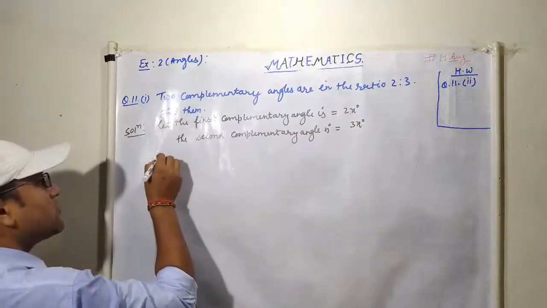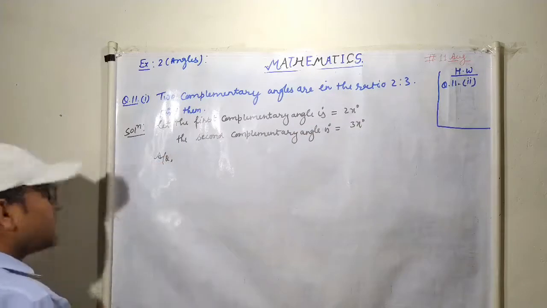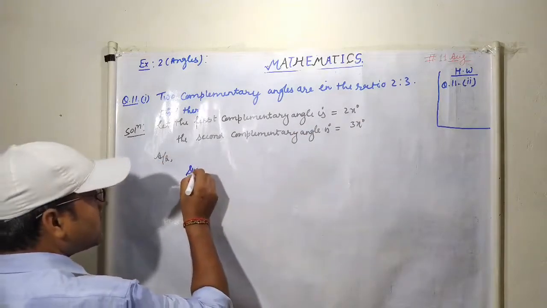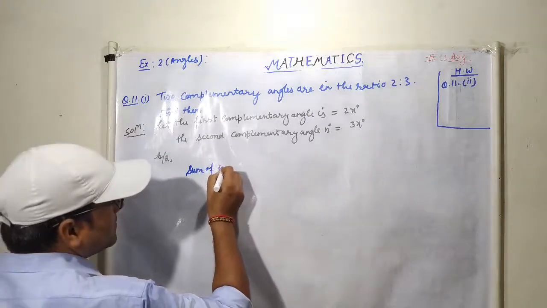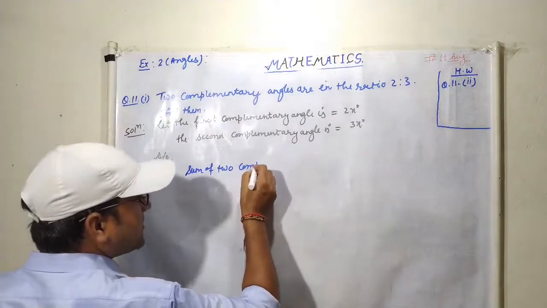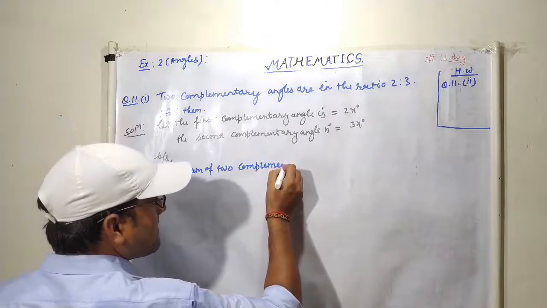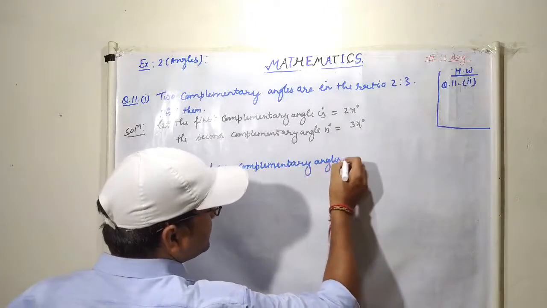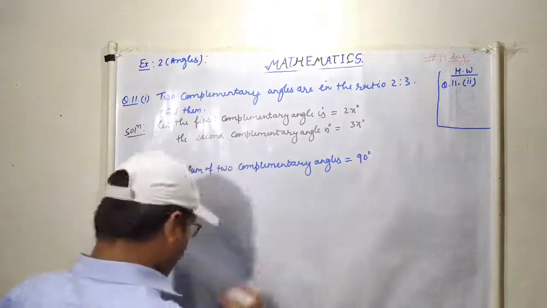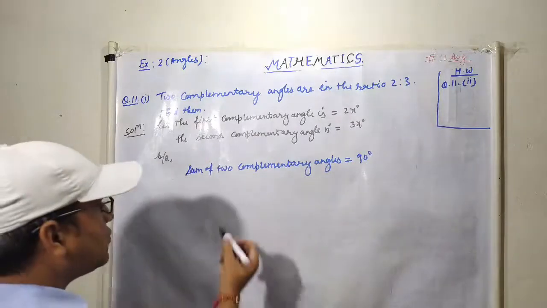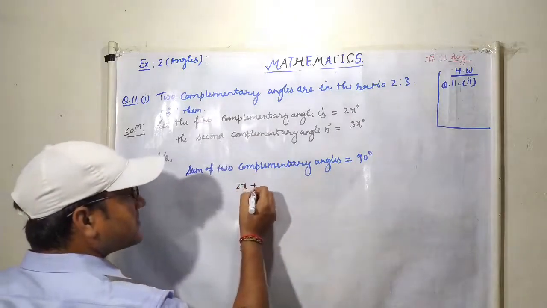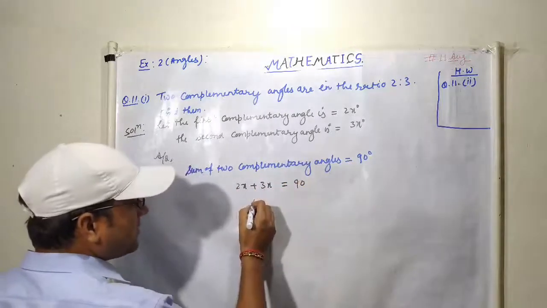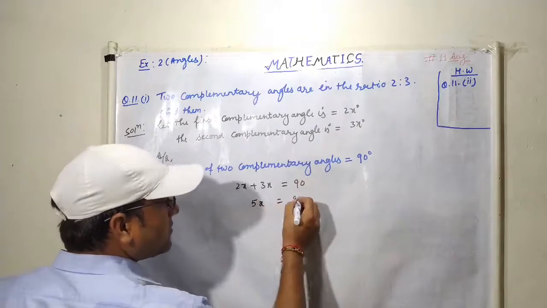Now according to the question, the sum of the two complementary angles is equal to 90 degree. So add this, 2x plus 3x is equal to 90. Solve this, 5x is equal to 90.